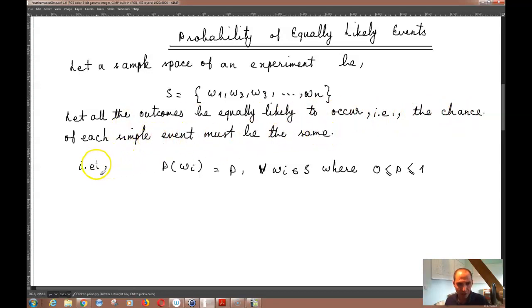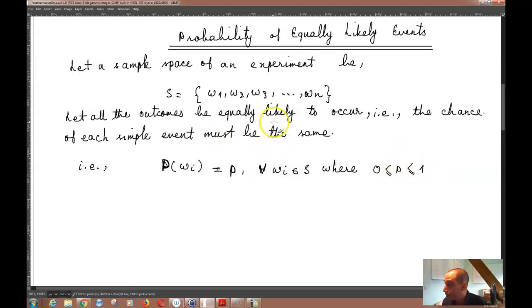And what that means is that the probability of omega i, or P of omega i, is equal to p, lowercase p, for all omega i belonging to S, where p is greater than or equal to 0 and less than or equal to 1, right?